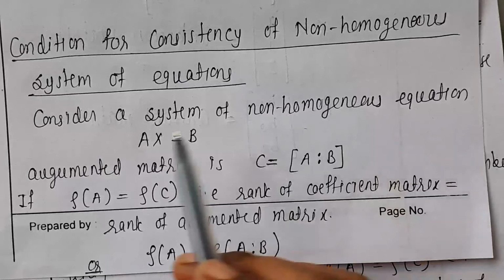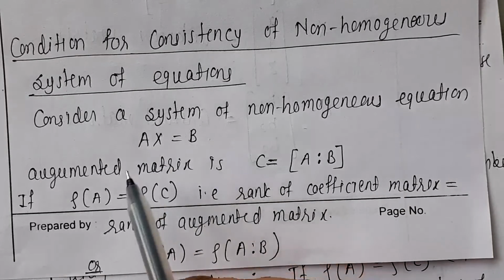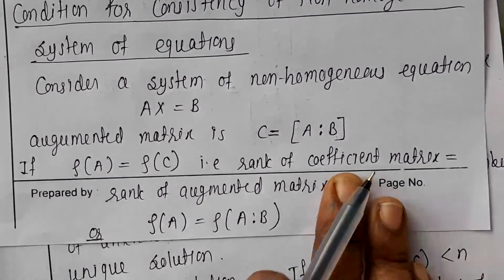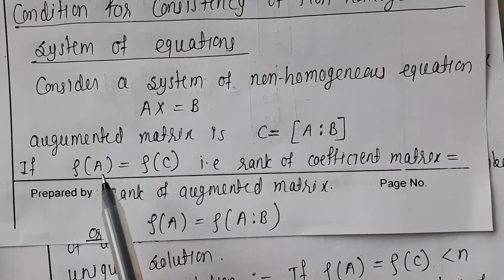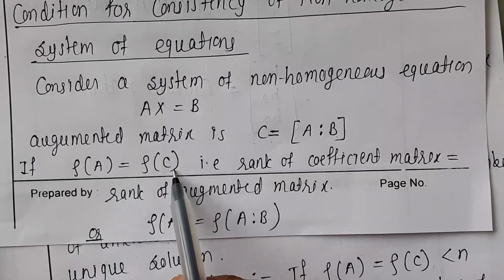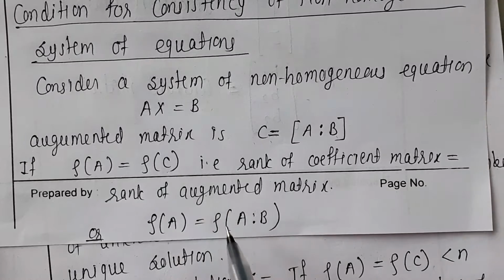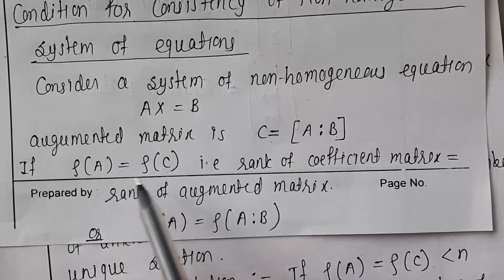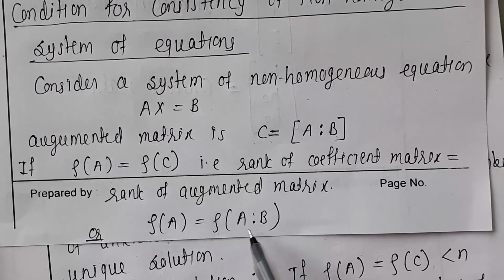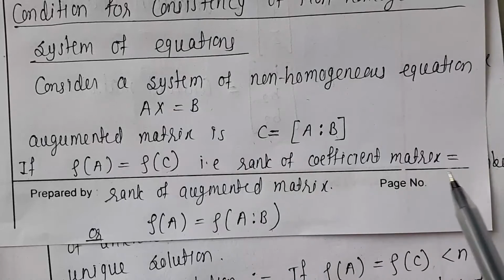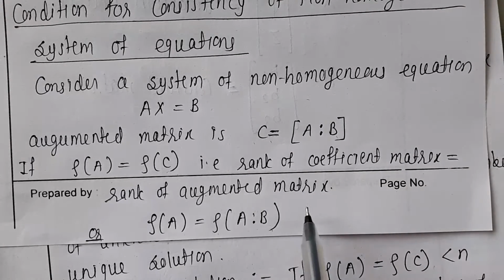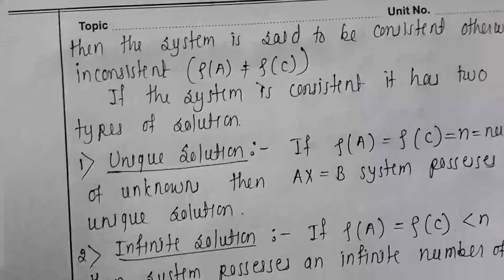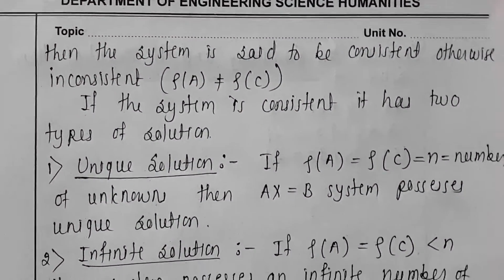So if we have the non-homogeneous equation Ax is equal to B, then the augmented matrix can be written as C is equal to the combination of A and B, the matrix A dot B. If the rank of A, that is the rank of the coefficient matrix, is the same as the rank of the augmented matrix C, or A dot B, then we say the system is consistent, and only if the system is consistent will we get a solution.